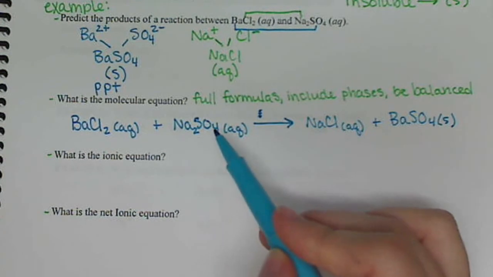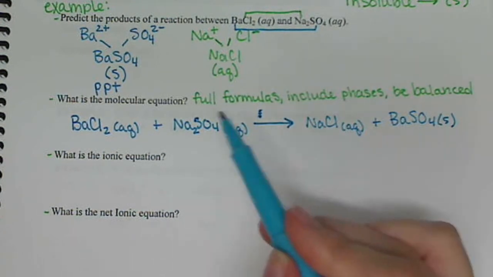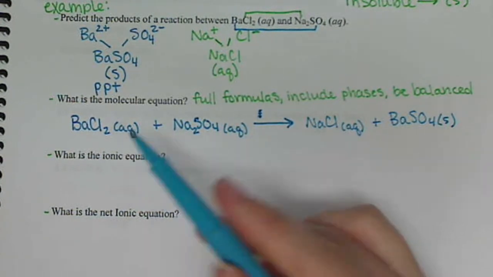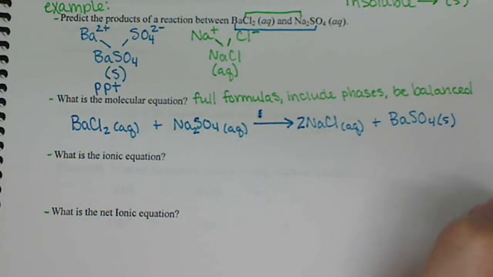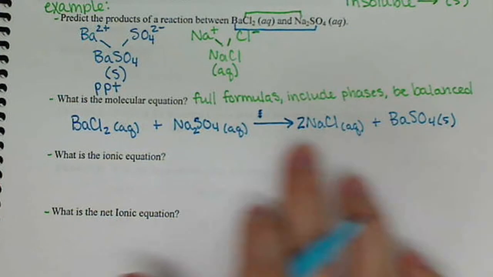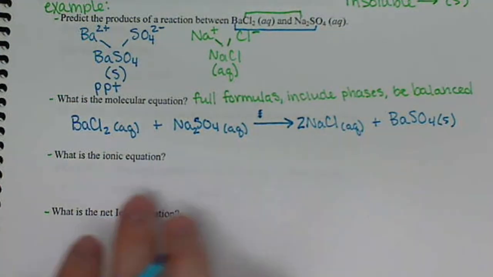We have one barium and one sulfate, so one barium sulfate, but we have two sodiums and two chlorides, so we need two sodium chlorides. And this is the molecular equation. This is kind of the full-blown deal.